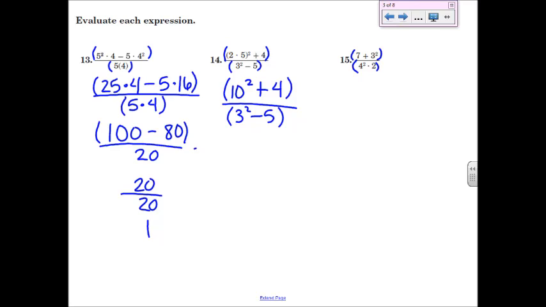The next step inside our parentheses is exponents. And we have 3 squared and 10 squared. So I have 10 squared is 100. 3 squared is 9.